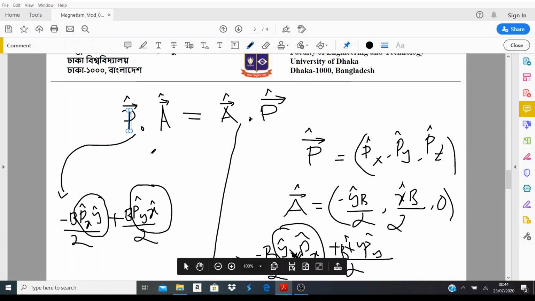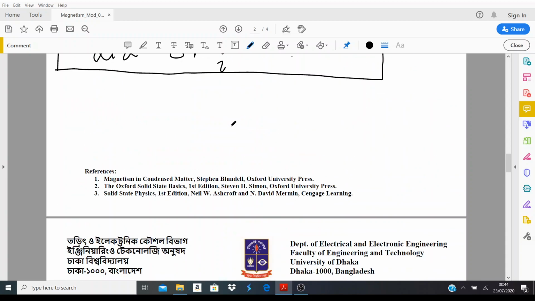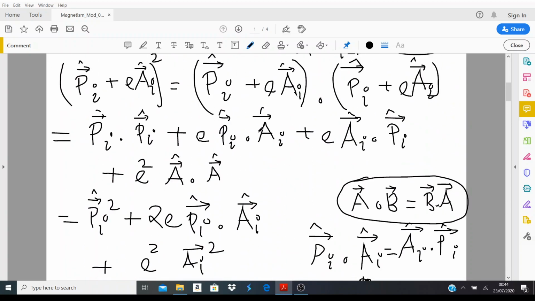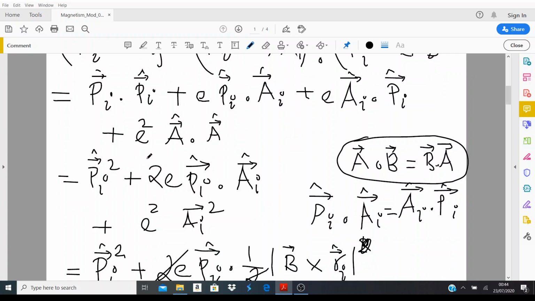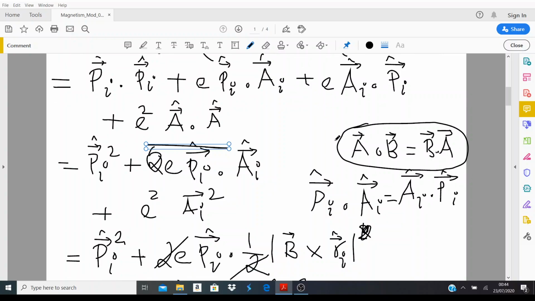This shows that in this problem the momentum operator commutes with the magnetic vector potential operator. I hope this convinced you it was okay to change the order here and put that extra 2 here, because we are just adding this to 1. This might not be the case in other cases, so we have to be careful whether the operators commute or not.